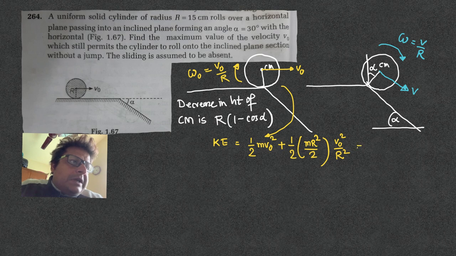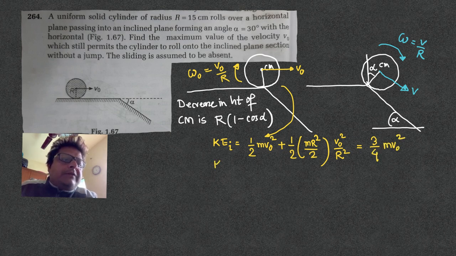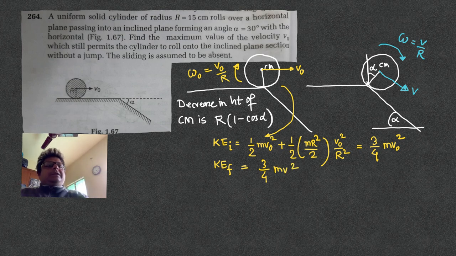So at start, kinetic energy, so let's write it, initial kinetic energy is equal to half plus 1/4, that is 3/4, right? 3/4 m v naught square. So kinetic energy in the final state, so KE final, in the same way it is 3/4 m v square, where v is the now.